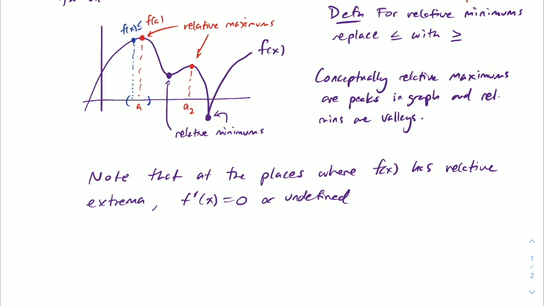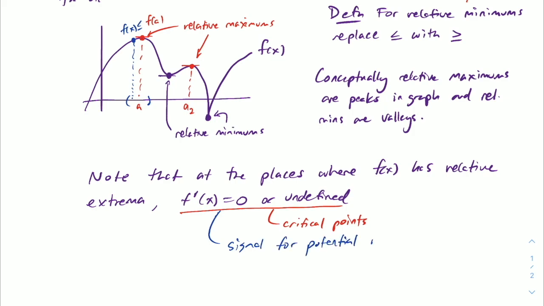So going back to our picture, at the red dots and the purple dots, either the derivative is 0, slope is 0, or it's undefined. And in this last point, we have a cusp. These places where the derivative is 0 or undefined are called critical points. So this is a signal for potential relative max or min.